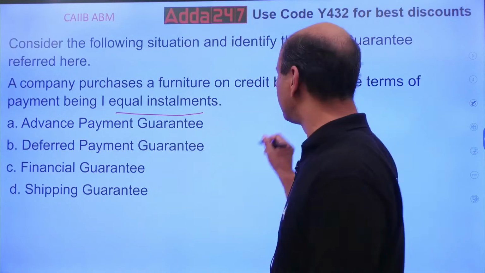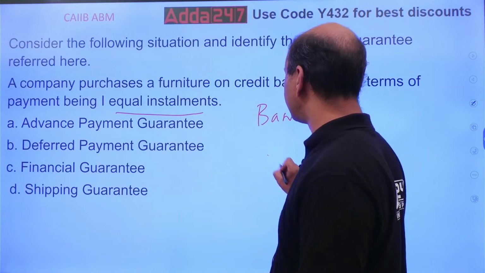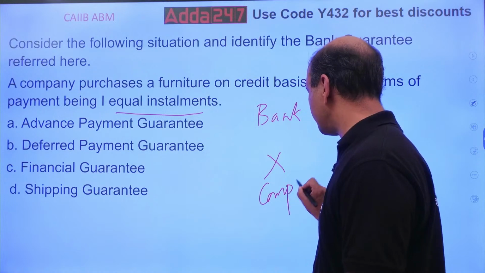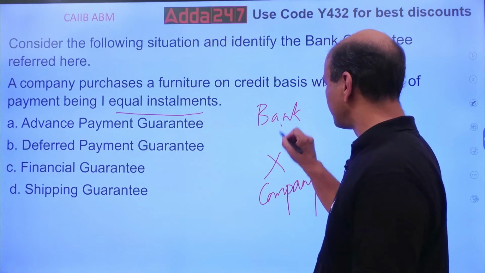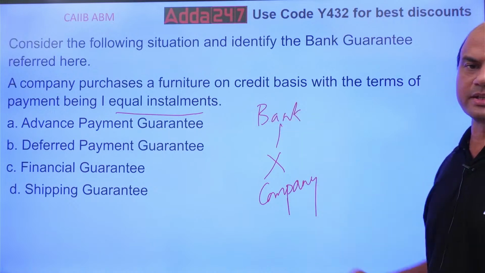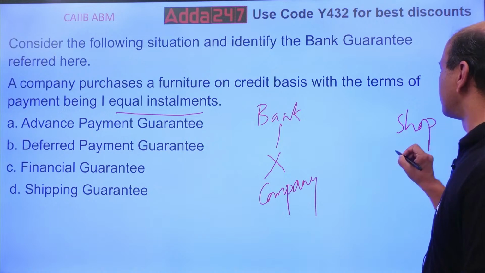See, you are a bank. This is company X, your customer. Now X wants to purchase furniture from this shop, or company, whatever you call it.